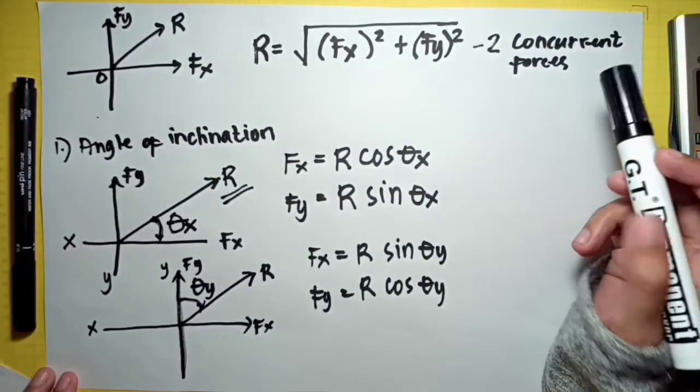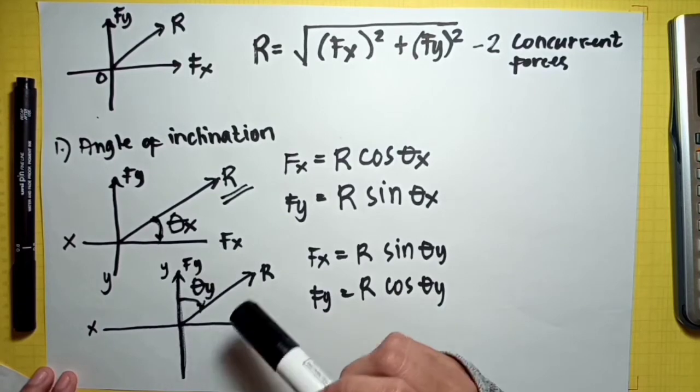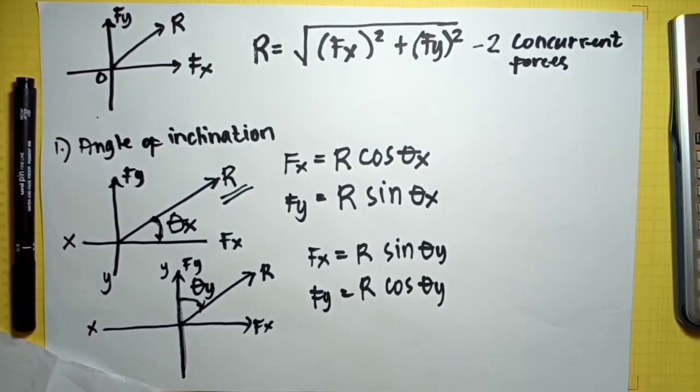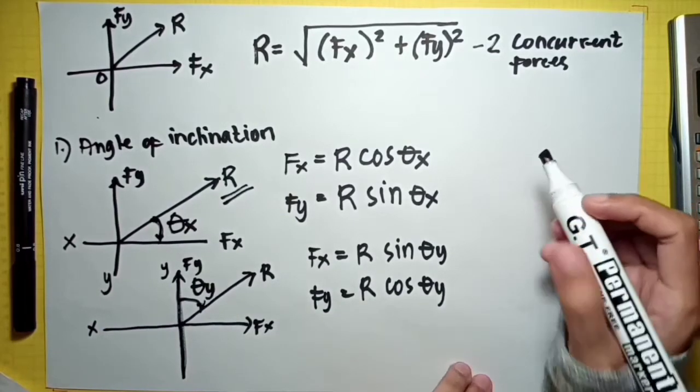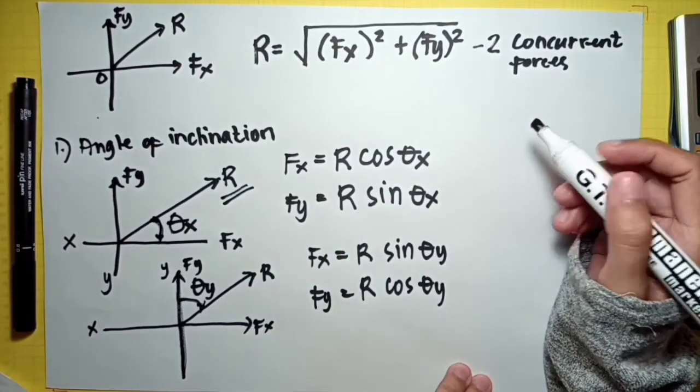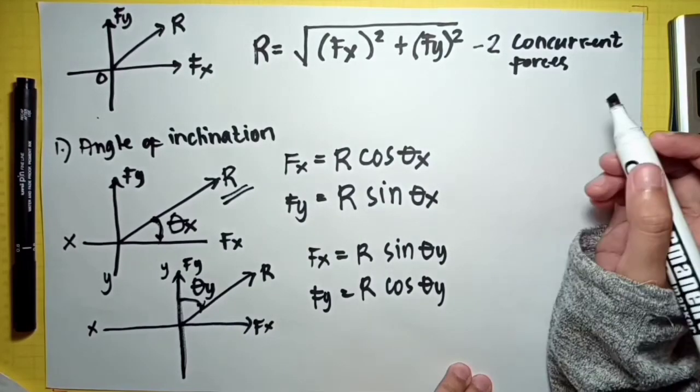Meron din tayong formula for theta or the angle of inclination. May mga instances kasi sa mga problem na hinahanap ang angle. So, ang formula nito ay depende sa diagram.